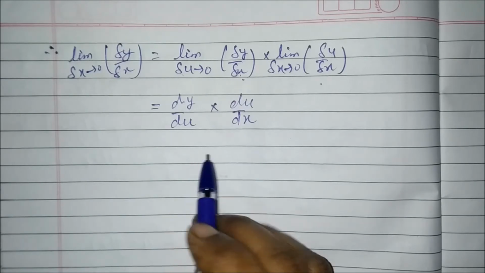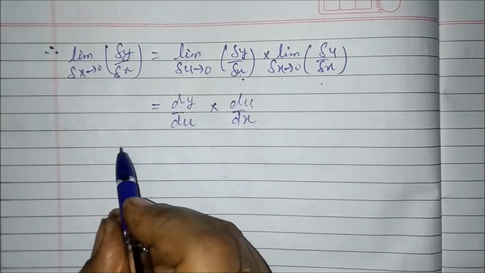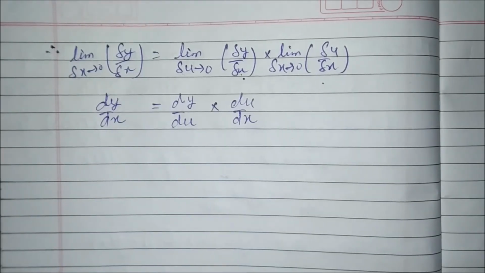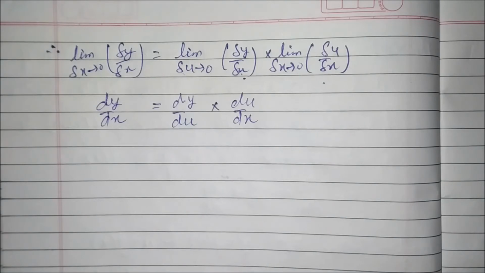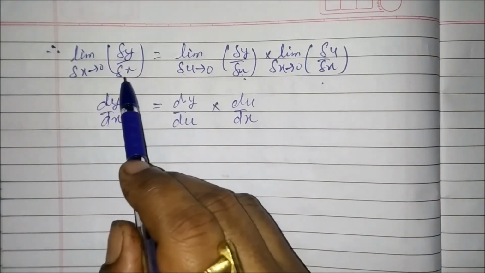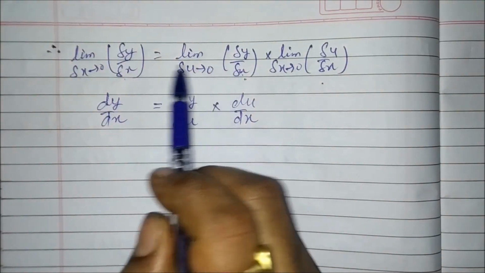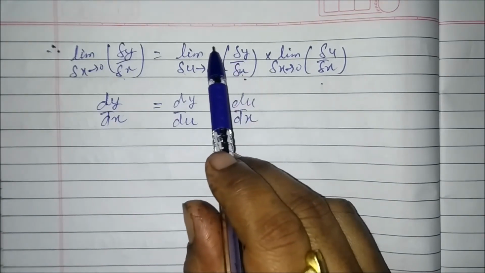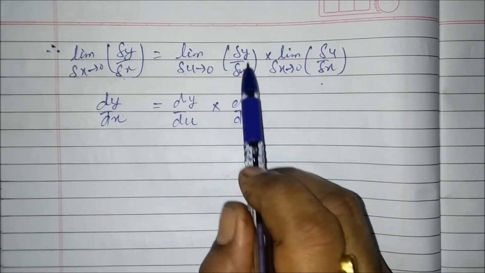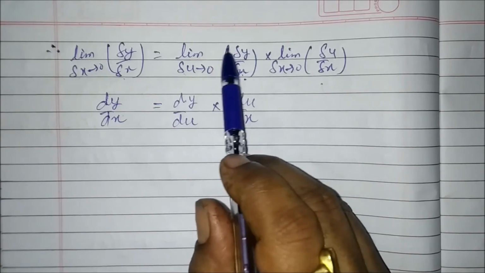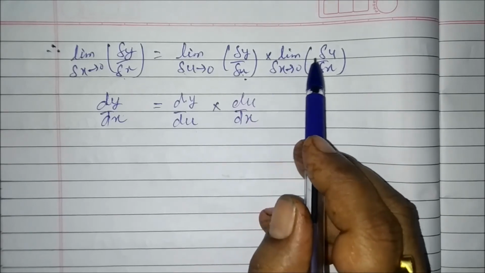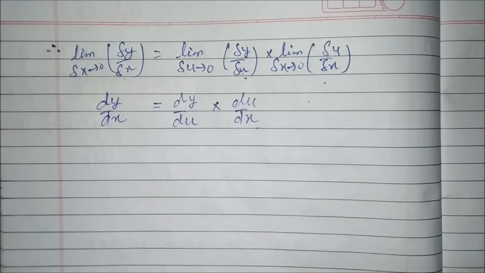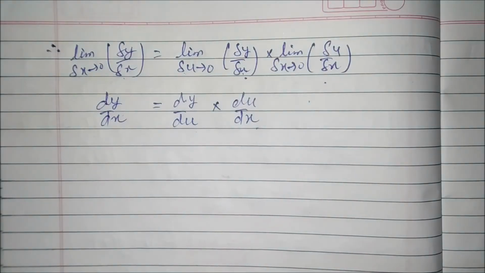And in place of this we can write dy by dx. Clear? Limit delta x tends to 0, since y is a function of x, this can be written as dy by dx, and since this is a function of u, it can be written as dy by du, and u is a function of x, so du by dx. Okay, in this way you can prove this theorem.